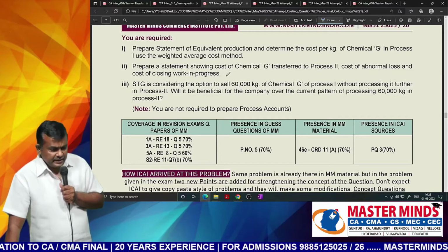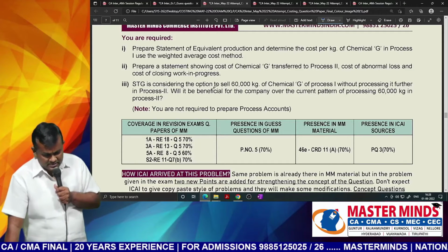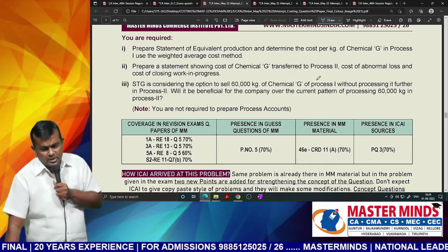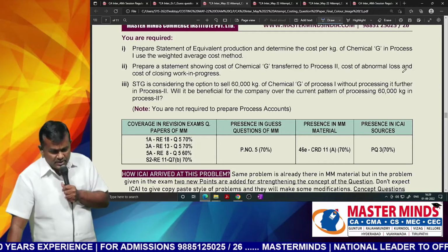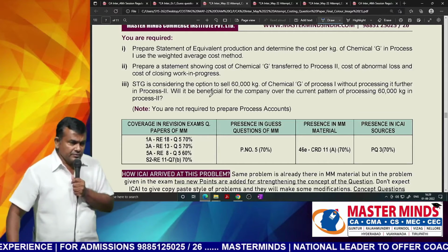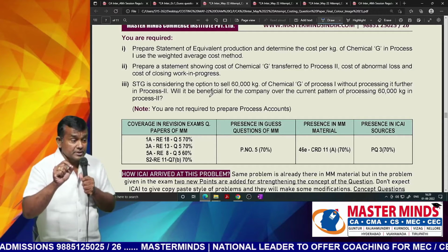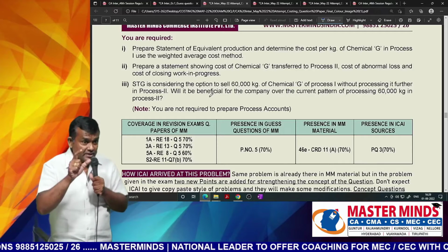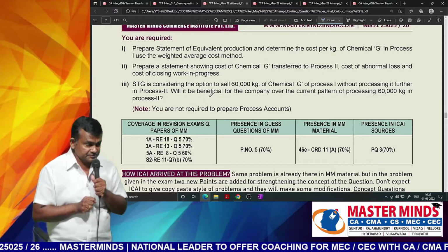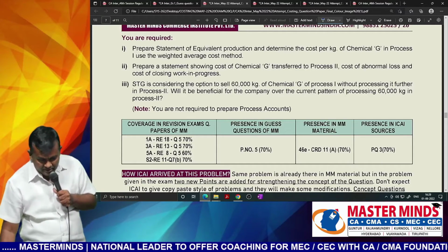Prepare a statement showing cost of chemical G transferred to process 2, cost of abnormal loss and cost of closing work in progress. So that is the statement of apportionment of cost.